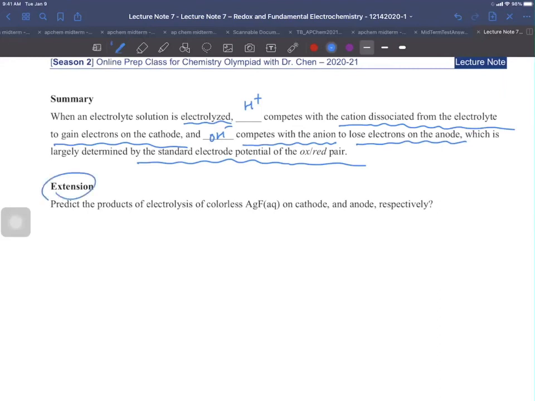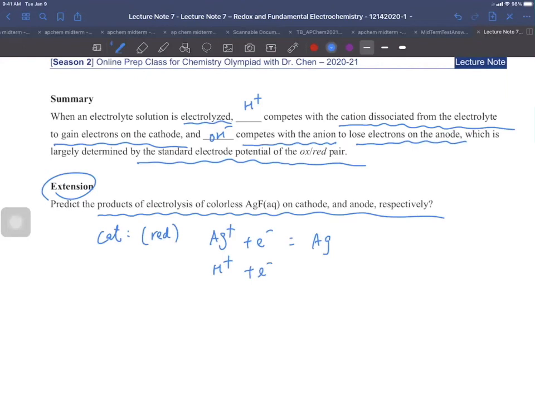Let's have a look at the final extension question. Predict the products of electrolysis of a colorless silver fluoride solution on the cathode and anode respectively. So let's try. At the cathode, we still have the reduction. We have Ag plus and H plus, right? These two can both gain electrons. So which one will win?